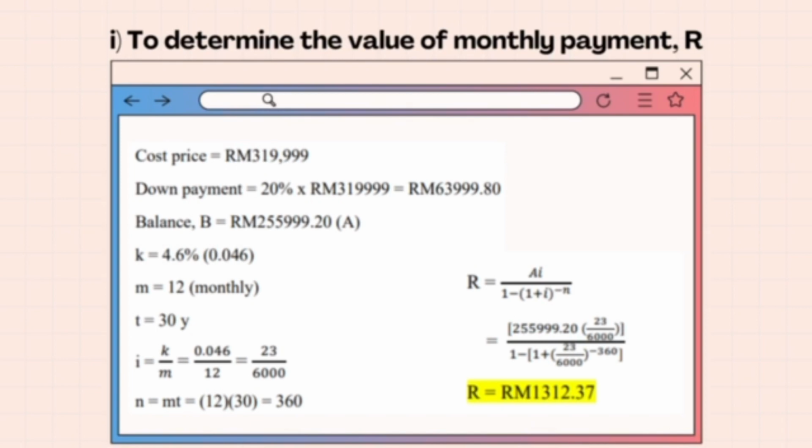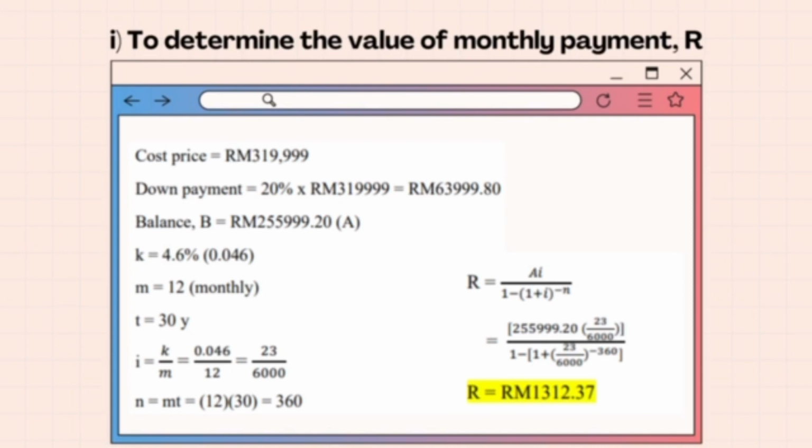The balance B equals RM255,999.20, which is also known as A, the present value. K indicates the annual nominal rate, which is 4.6% equals 0.046. M is the frequency, which is 12. T is the time lag in years, which equals 30 years.